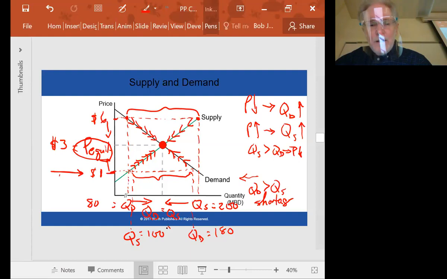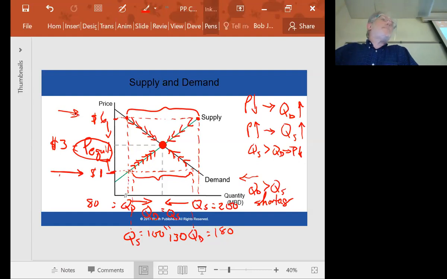Let's say that the equilibrium quantity is 130, just to make up a number. We know it's somewhere between 100 and 180. Let's say it's 130. If I gave you this graph and said the price is currently $6, tell me about this market.